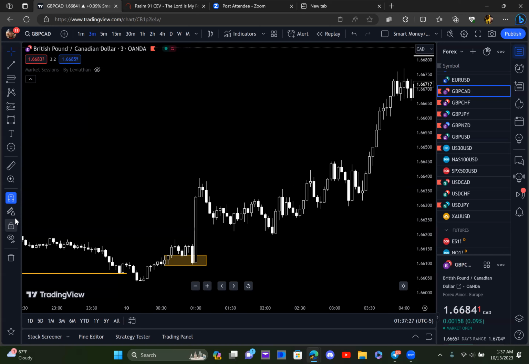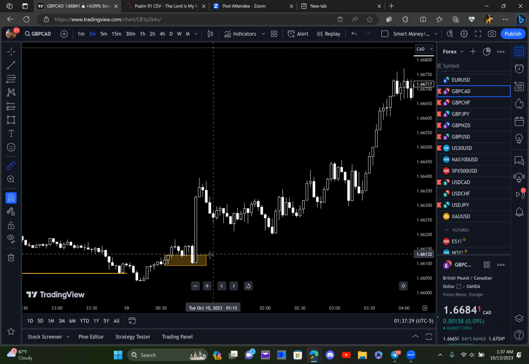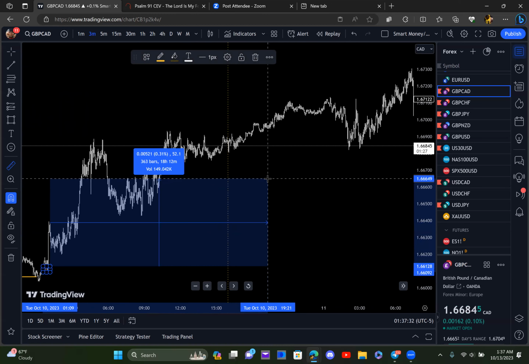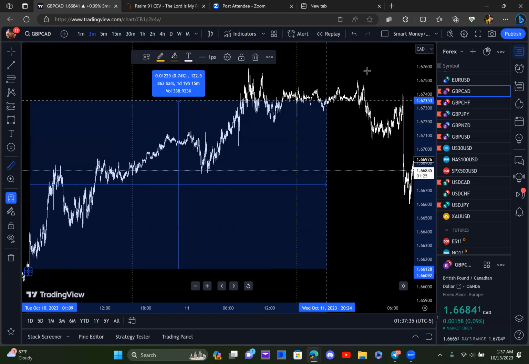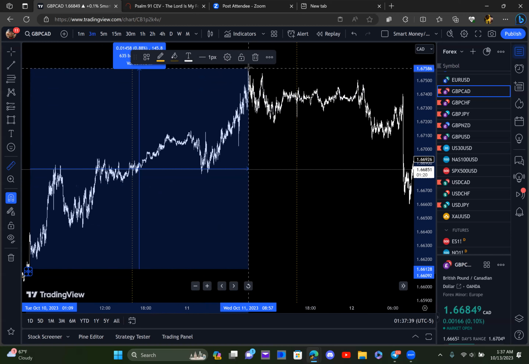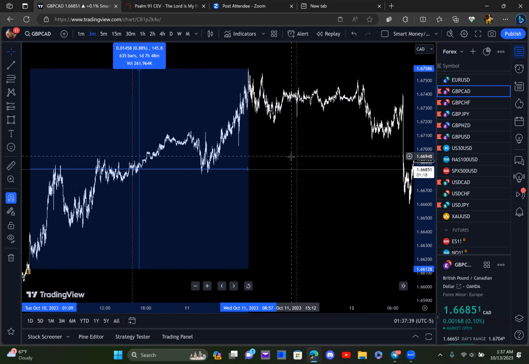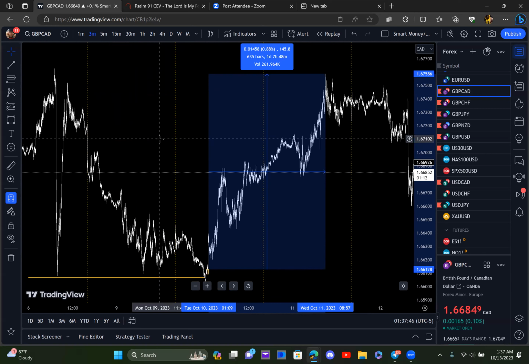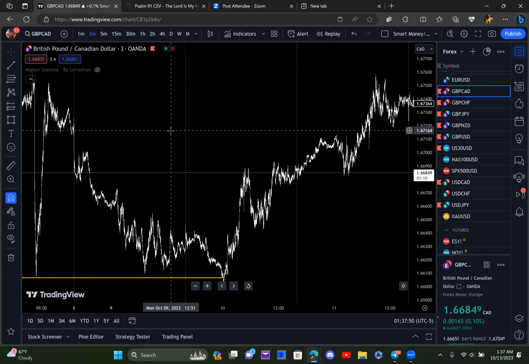If I measure from the top of this zone right here all the way up to here, right up there, 145.8 pips. That's on GBP CAD. 145.8 pips with a 3.6 pip stop loss.